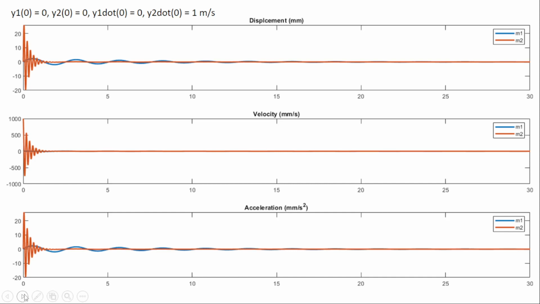We apply the following initial conditions shown here: y1 of 0 is 0 and y2 of 0 is 0, so we don't give any initial displacement. We provide an initial velocity to the lower mass, or basically the tires.